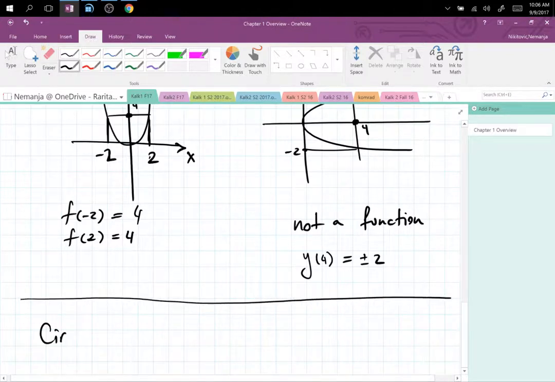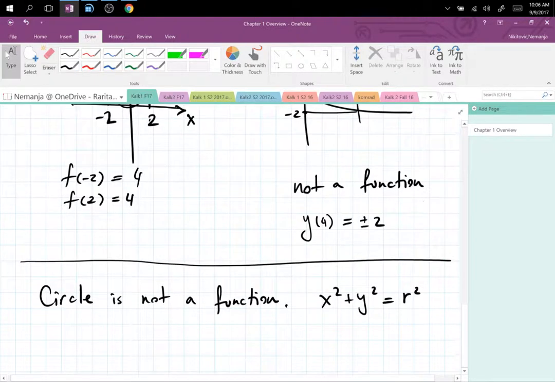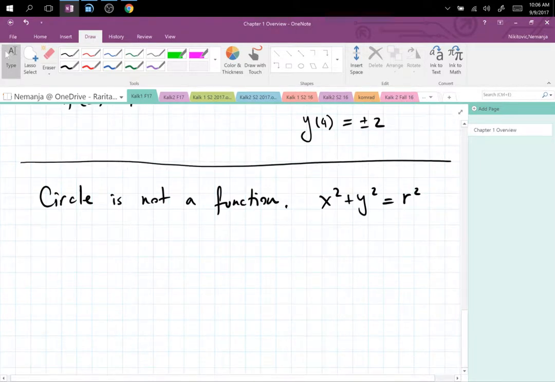Circle is not a function. Its equation is x squared plus y squared is equal to r squared. And when you draw it, I spent the whole summer practicing drawing circles. I am perfection now.